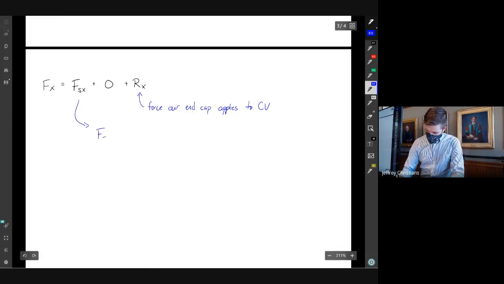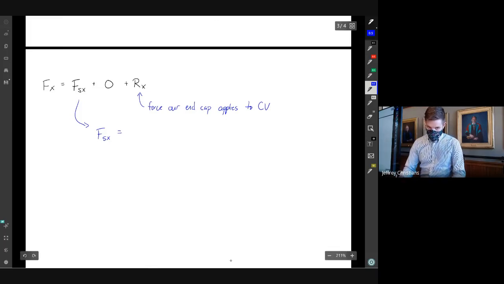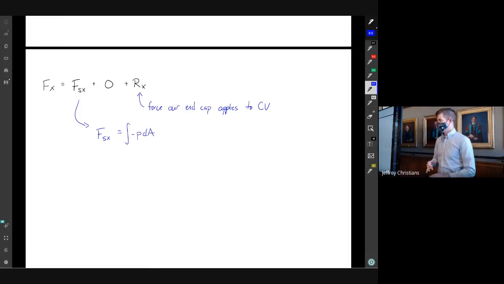So we've already done stuff with how pressure exerts forces. We've done a lot on how pressure exerts forces on objects. So this would be the minus P dA. We could say it's the pressure at the centroid times the area, that would be the magnitude of that resultant force.